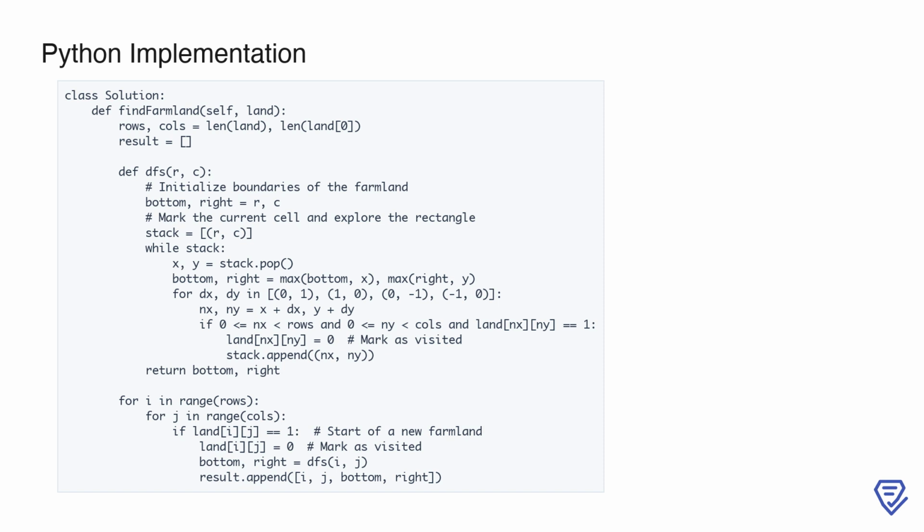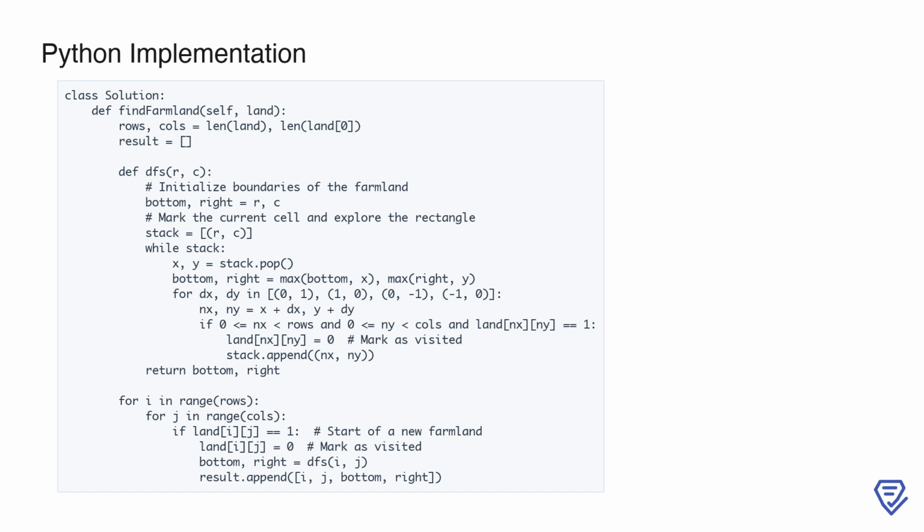Next, we define a helper function DFS to perform depth-first search. This function takes the starting coordinates of a cell and explores the entire connected group of farmland cells. Inside DFS, we initialize the bottom and right boundaries of the farmland to the starting cell. We use a stack to iteratively explore the connected cells, marking each visited cell by setting its value in the grid to 0.